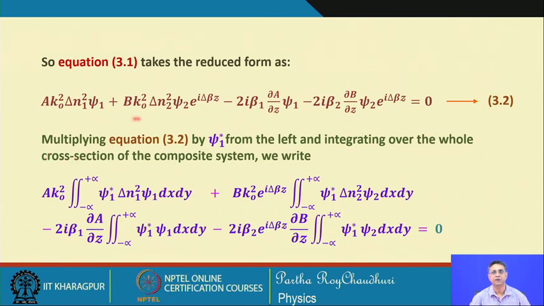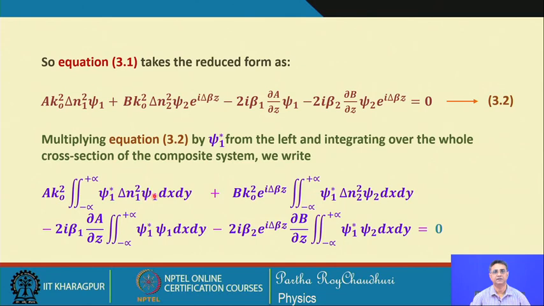So, now you multiply this equation from the left by psi 1 star, and then integrate over the entire cross section of the total system, that is the complete waveguide. Then you can write this equation in this form. You have multiplied with psi 1 star from the left hand side, and with delta n square between them, which is the correction term.